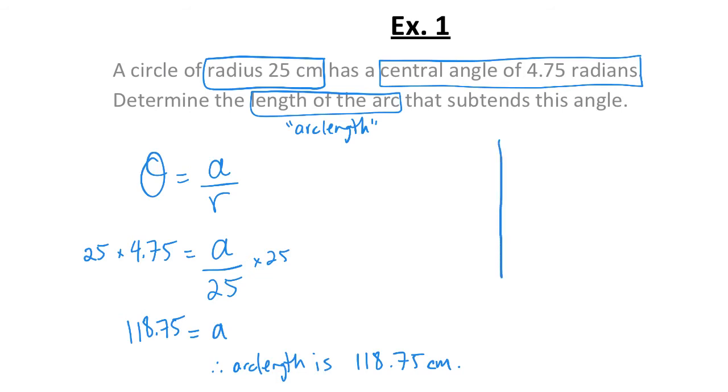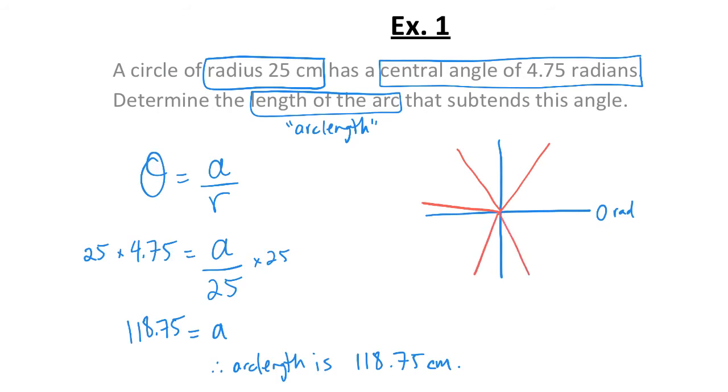So let's just sketch it out based on how big we think 4.75 radians is. So here's 0 radians. It's also 2 pi radians if we go all the way around. We know that 4.75 radians is a little less than 5. So let's get a different color. Each radian is a little bit less than 60 degrees, so I know I'm going to fit a little bit more than 3 of them in here.